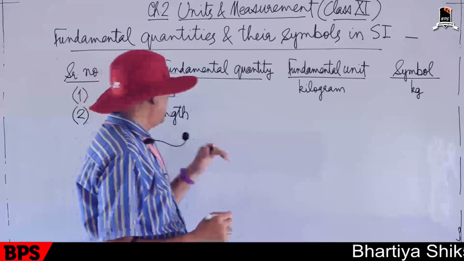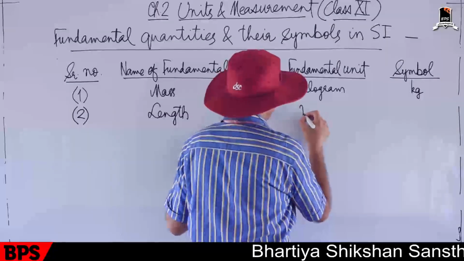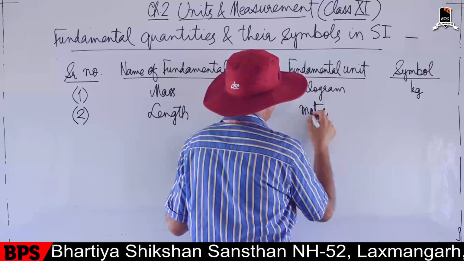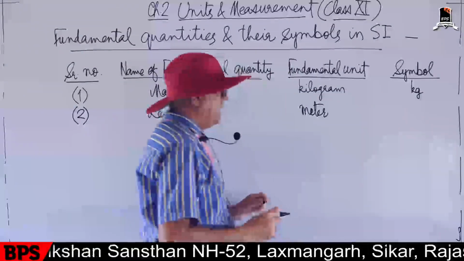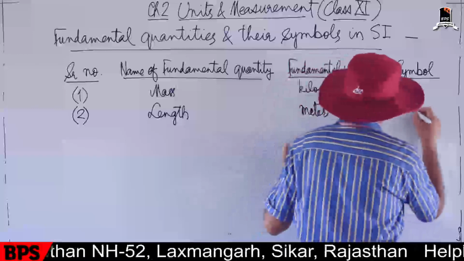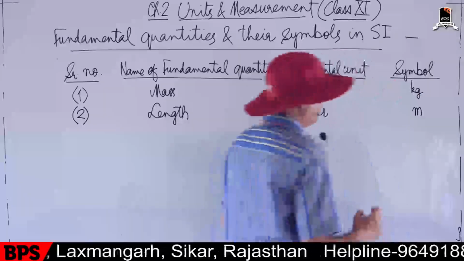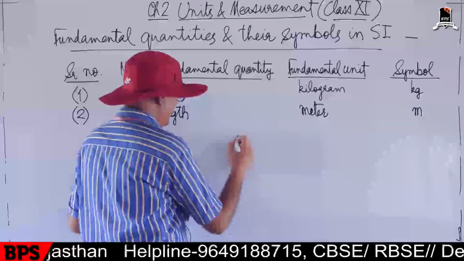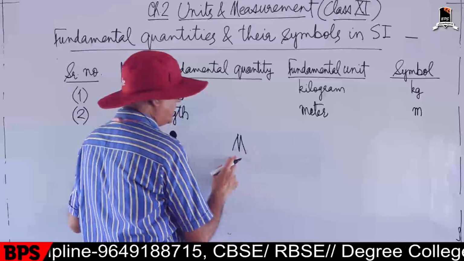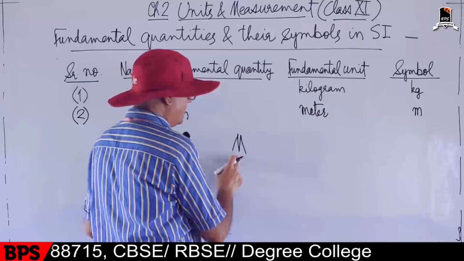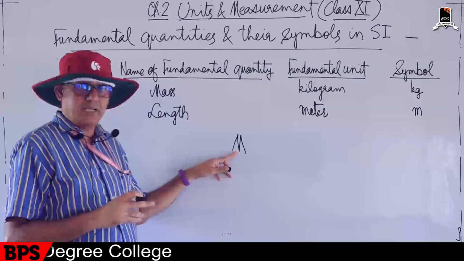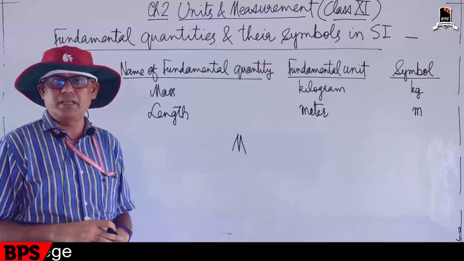Its unit is named as meter, and its symbol is again small m. If you write meter as capital M, then it is incorrect.